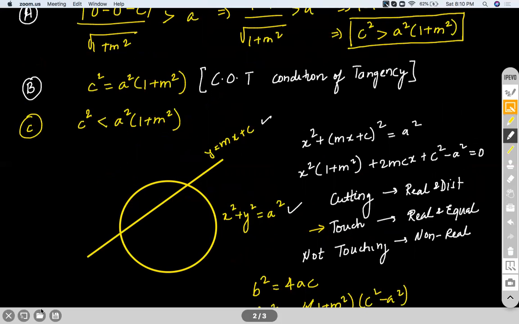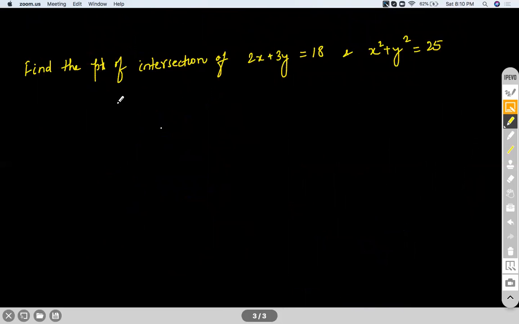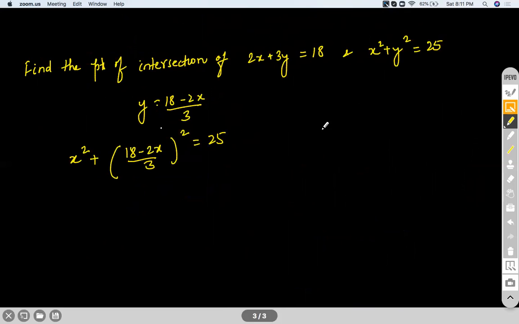Now precisely the same method you are going to use to find out the point of intersection in this case. So I'm sure you would have converted y as 18 minus 2x by 3. When you substitute it, the whole square is equal to 25. Multiply throughout with 9, so 9x square plus, you can take a 2 square out, 4 into 9 minus x the whole square is 225. 25 into 9 is 225.